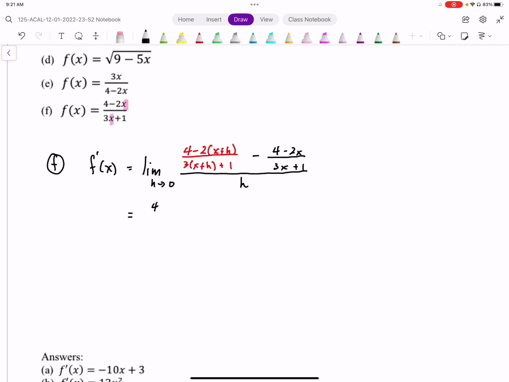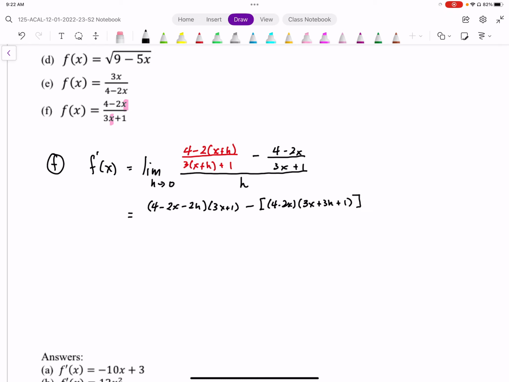So I get 4 minus 2x minus 2h. And then I'm going to multiply the numerator on this side by 3x plus 1 minus, make sure I put this all in brackets, 4 minus 2x, and then expanding out that's going to be 3x plus 3h plus 1.